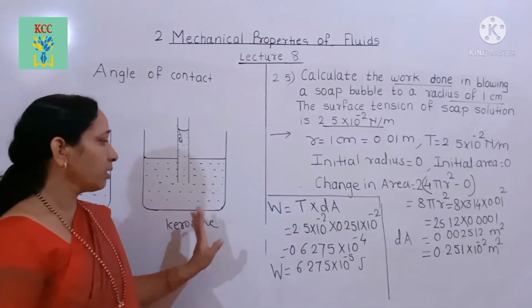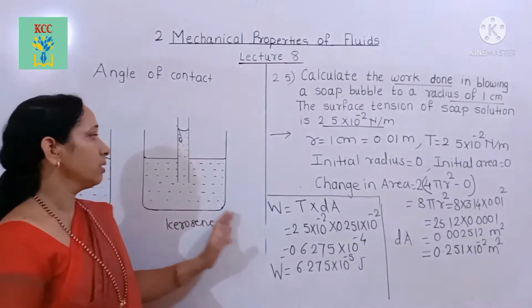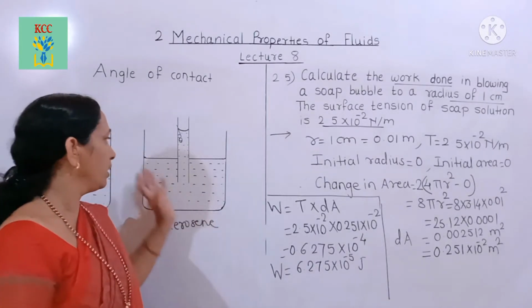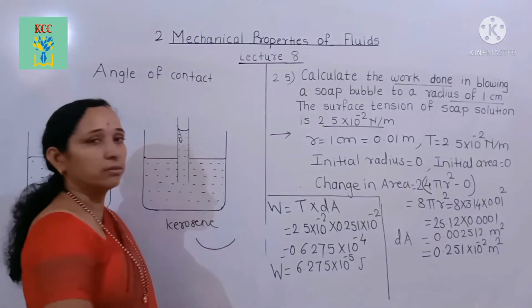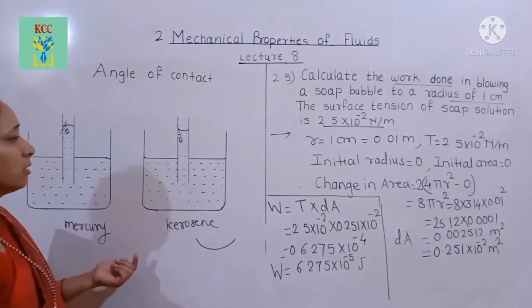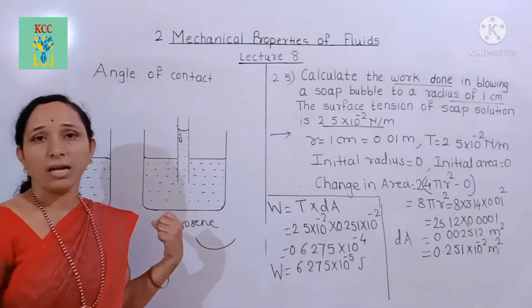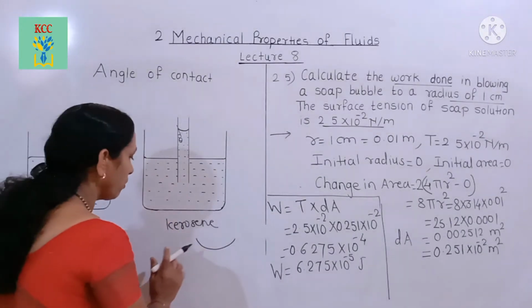For example, kerosene glass pair. For kerosene glass pair, meniscus is a concave meniscus. That is as this concave meniscus. And for the liquid, that is mercury glass pair, meniscus, that is surface, it is a convex.